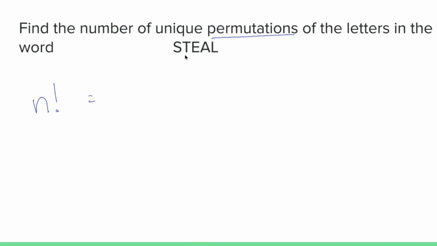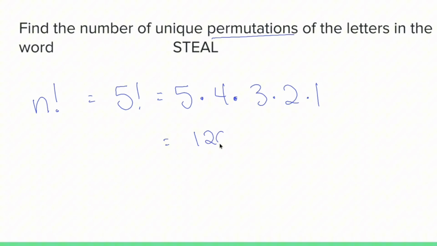Since steel is made up of 1, 2, 3, 4, 5 letters, 5 factorial is going to be our guy. 5 factorial is you start out with 5 and work your way down integers until you hit 1, multiplying everything in between. So 5 times 4 times 3 times 2 times 1, which is 5 times 4 is 20, 20 times 3 is 60, 60 times 2 is 120, 120 times 1 is also 120. There are 120 ways that you can write out the word steel.